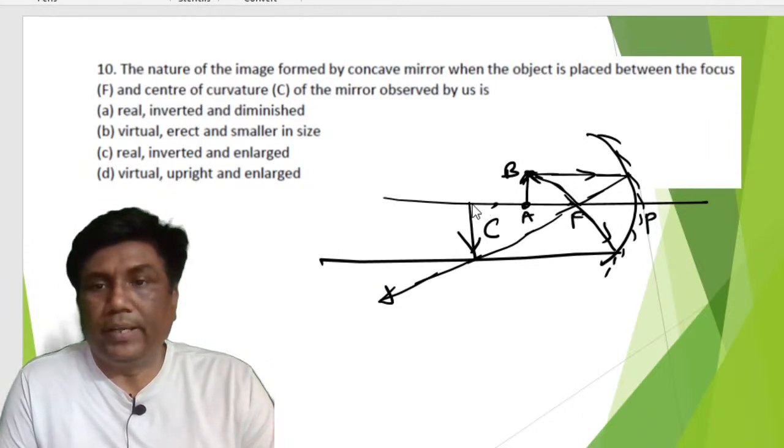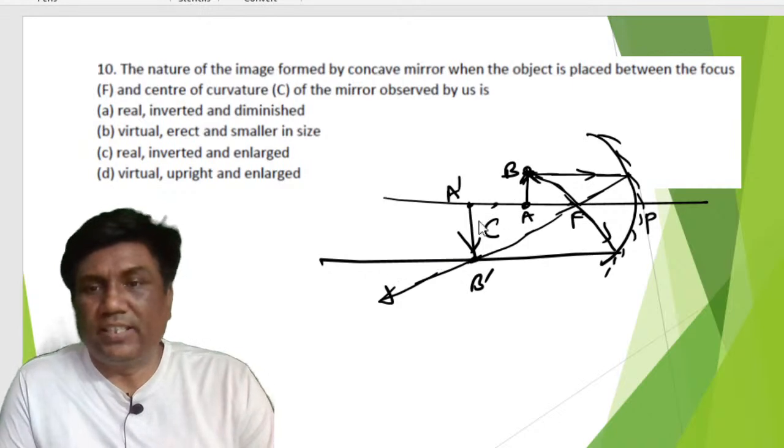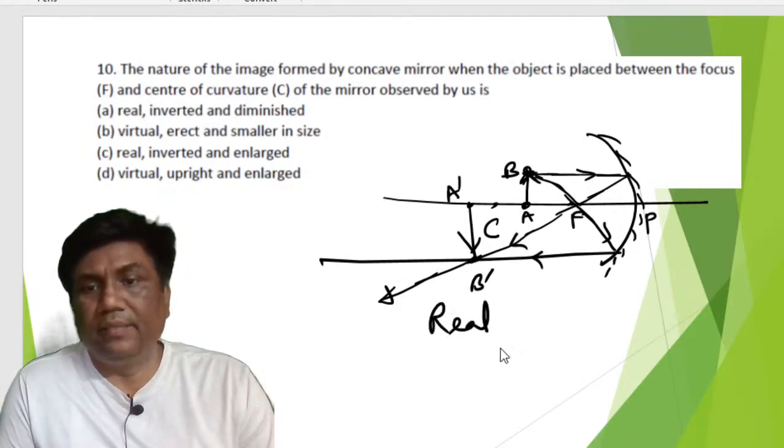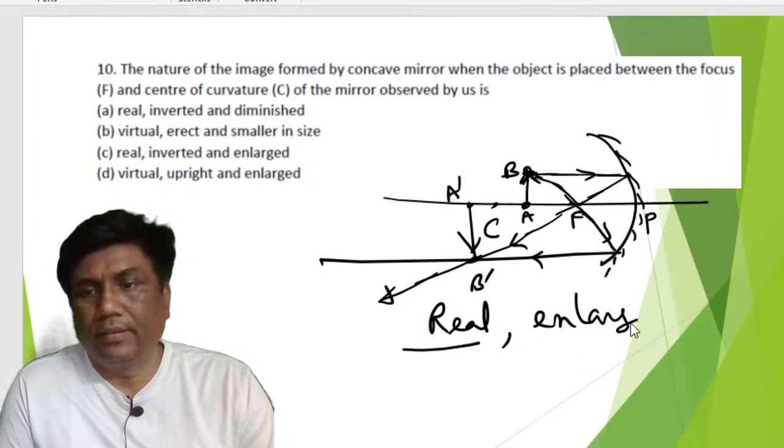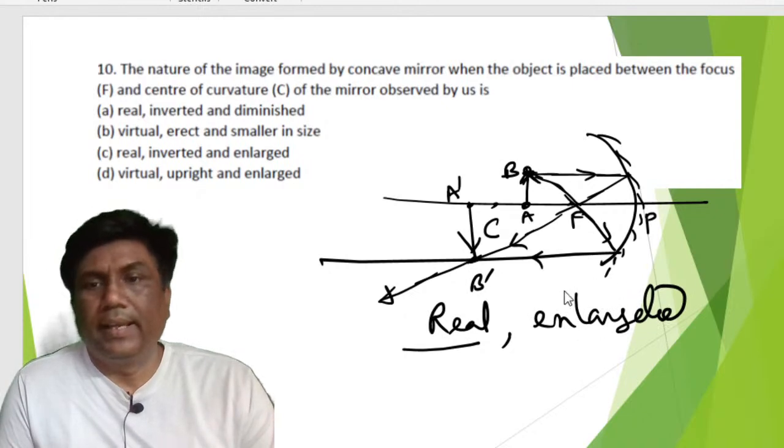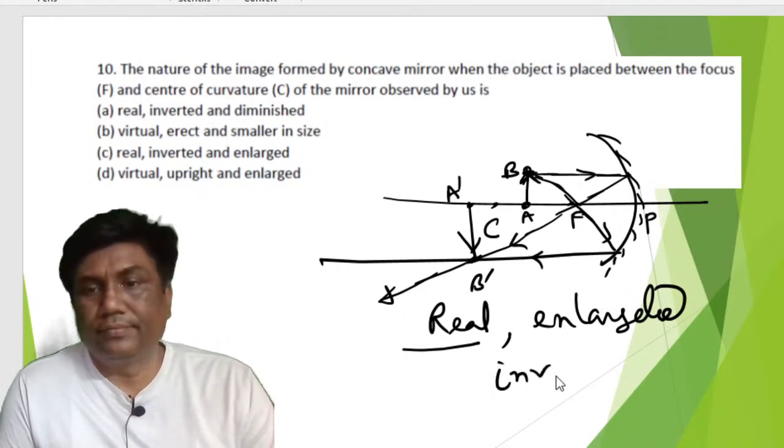This is the point A, so this point will be A dash. If this is the point B, this point will be B dash. Well, first of all it is real, na, because the rays are really meeting. So real, and it seems to be enlarged also, okay, inverted also.